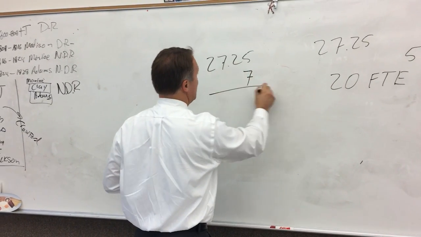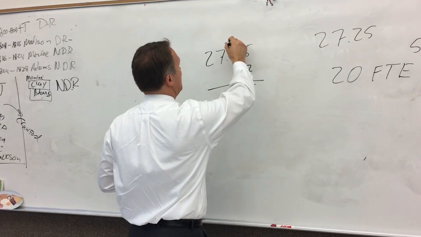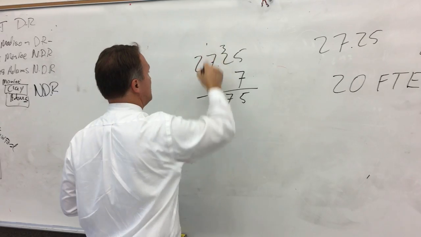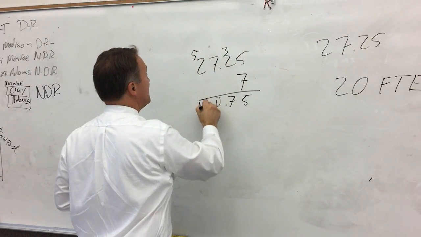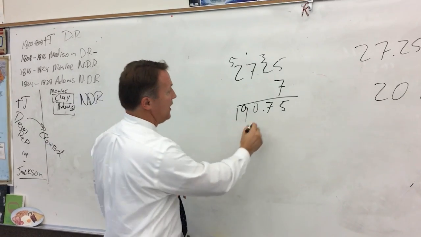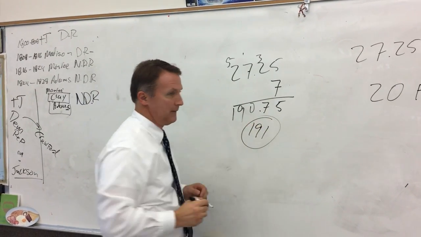Each teacher on the 7-period day, 27.25 times 7, is going to be responsible on the average for about 191 students.